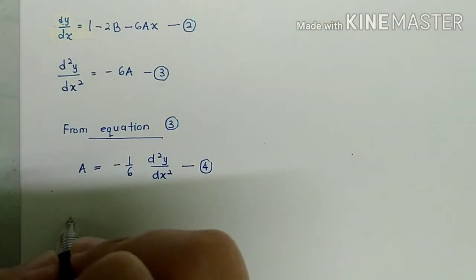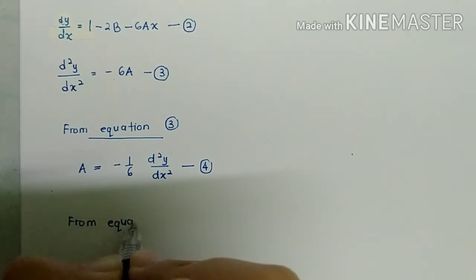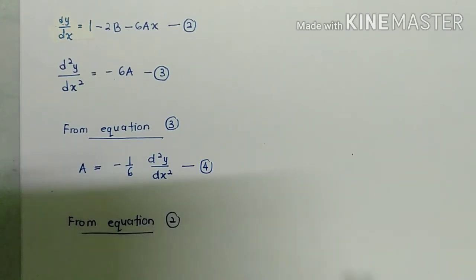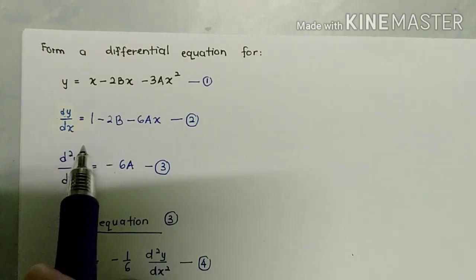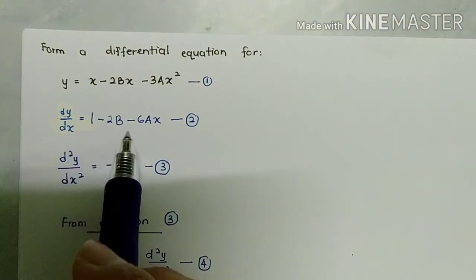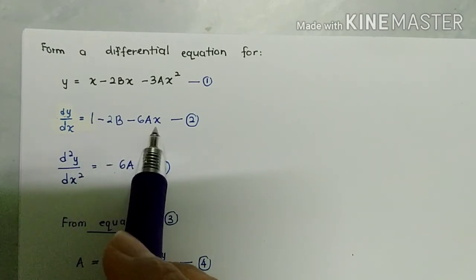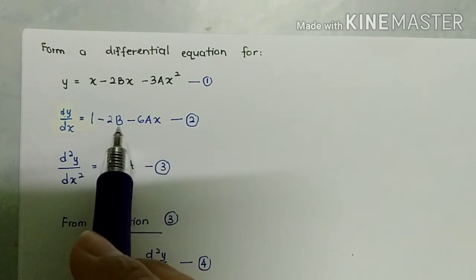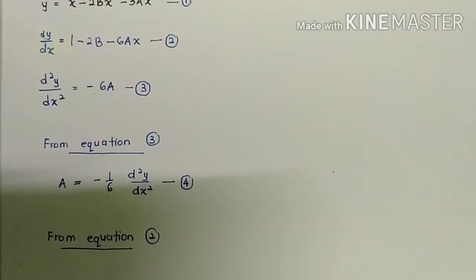And then from equation 2, our equation 2 is dy dx equals 1 minus 2b minus 6ax. So from equation 2, we can get b as the subject.